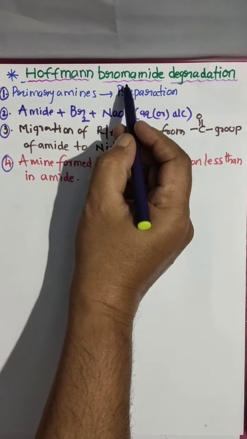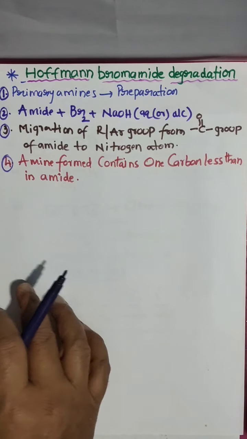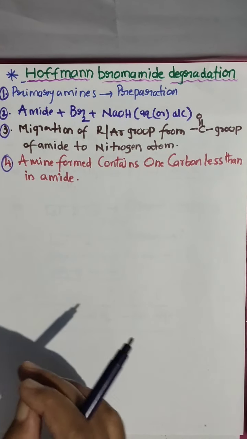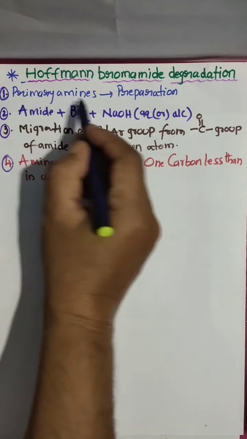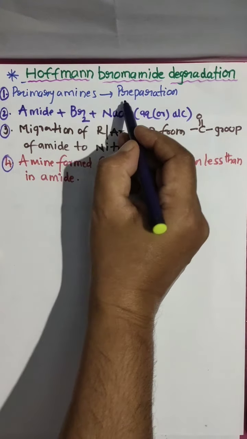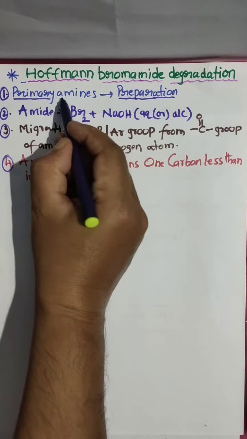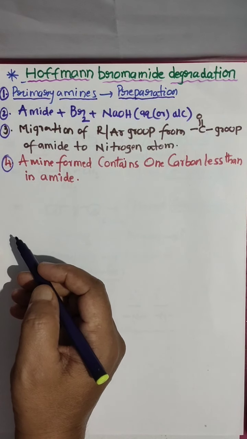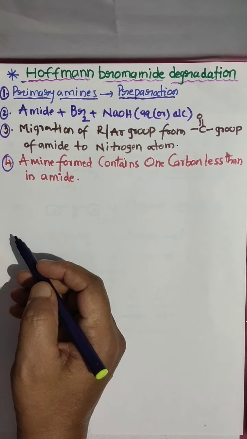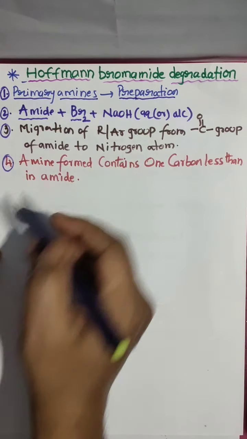The main theme of this reaction is that we have to prepare primary amines. How are we preparing primary amines by this method? An amide is treated with bromine.